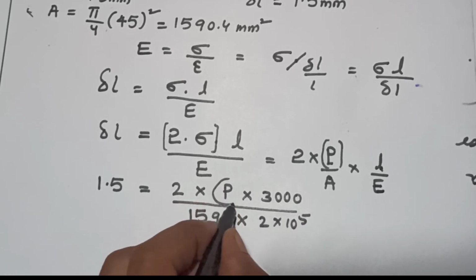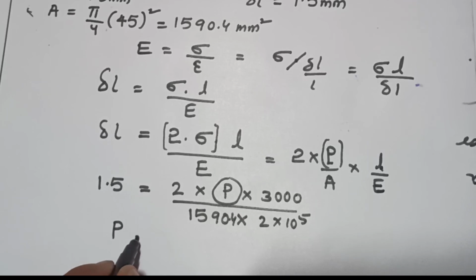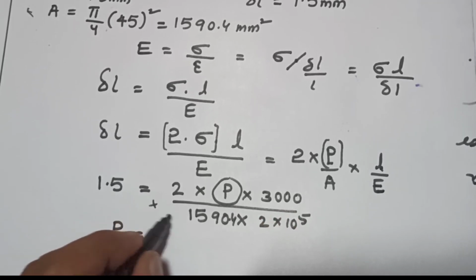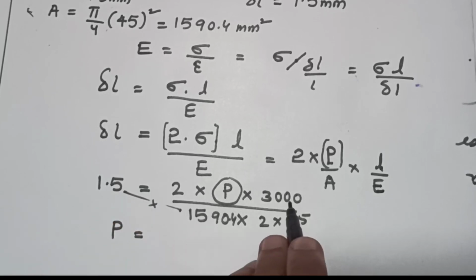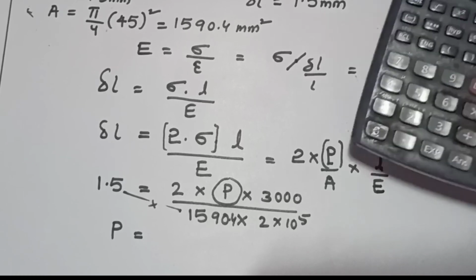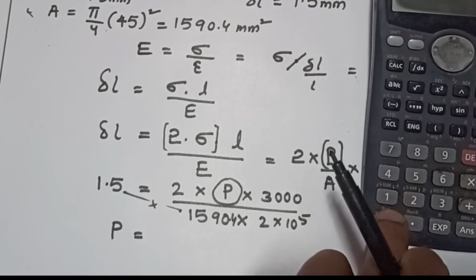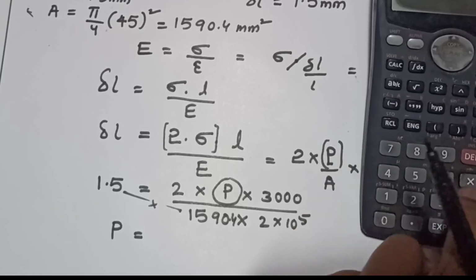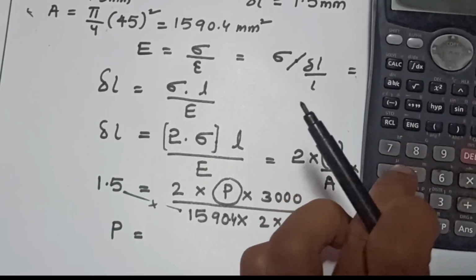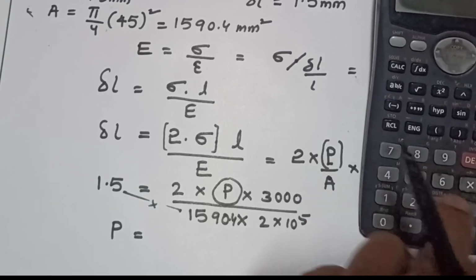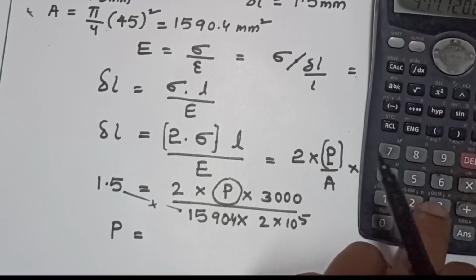Now you need to find P. I will multiply all these and divide by 2 into 3000, which is 6000. So P equals 1590.4 into 2 into 10 power of 5 into 1.5, whole divided by 6000.